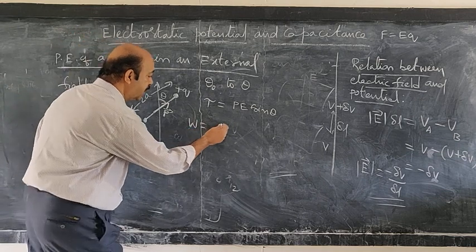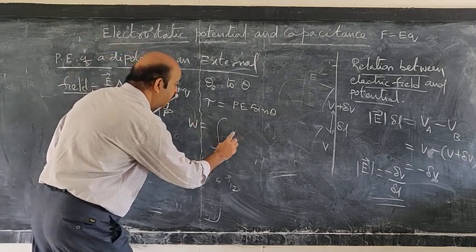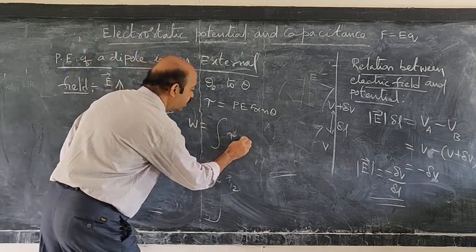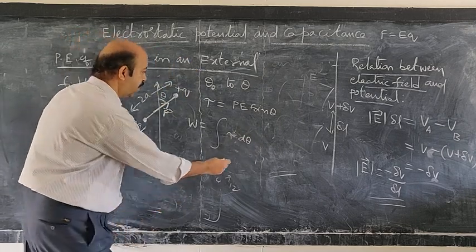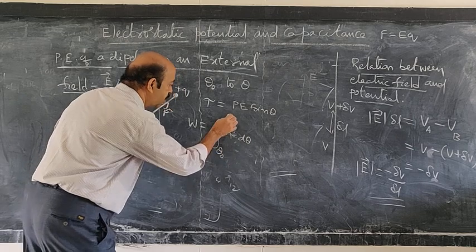Then the total work done is given by the integral of tau d theta, from theta naught to theta. That is the formula for work done by the torque.